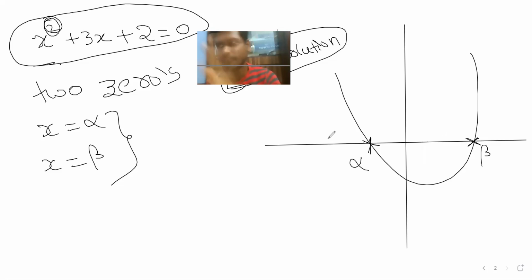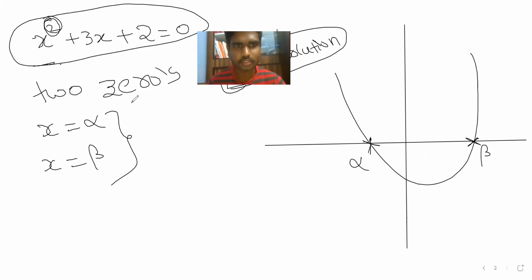We will study when they will be distinct and when the same. Here the two roots are different because you will get two different values of x.